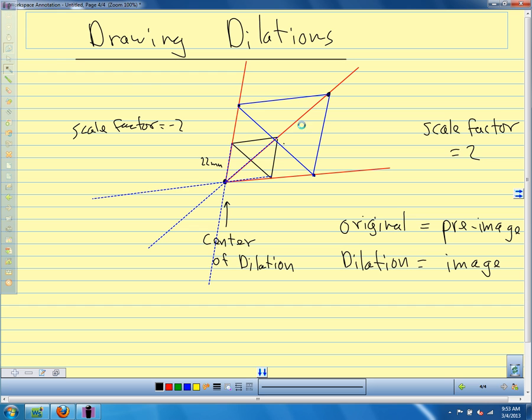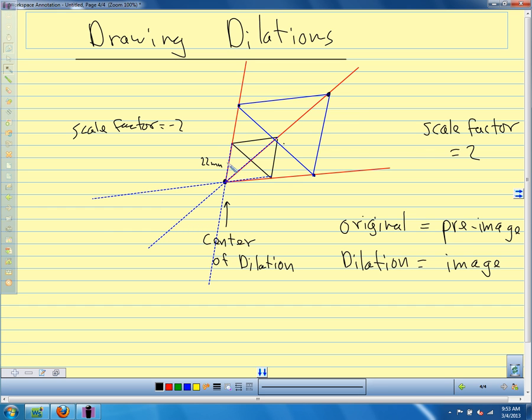And if we had any other scale factor, I would just multiply the lengths by whatever the scale factor was. If our scale factor were a fraction, say 1/2, I would multiply each of these lengths by 1/2, and my dot, rather than being past the pre-image, would be here inside where the pre-image was, and I'd have a smaller triangle in here.